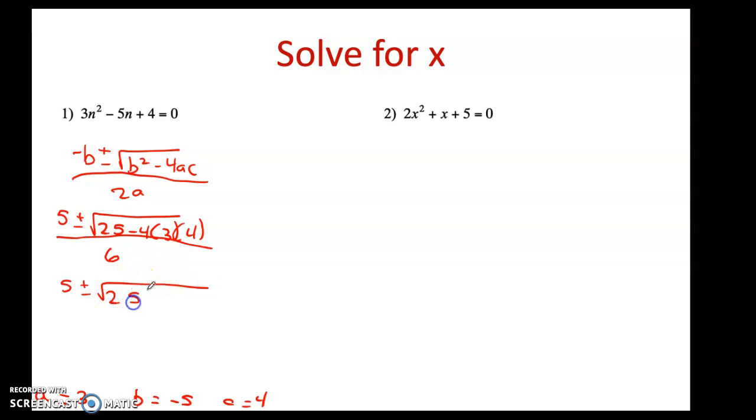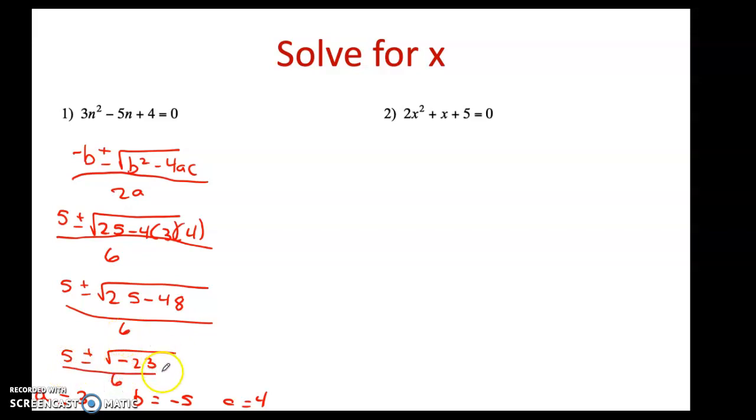So 25 minus, 12 times 4, which is 48. You're permitted to use a calculator for this, all over 6. And inside will be 5 plus or minus the square root of negative 23 all over 6.